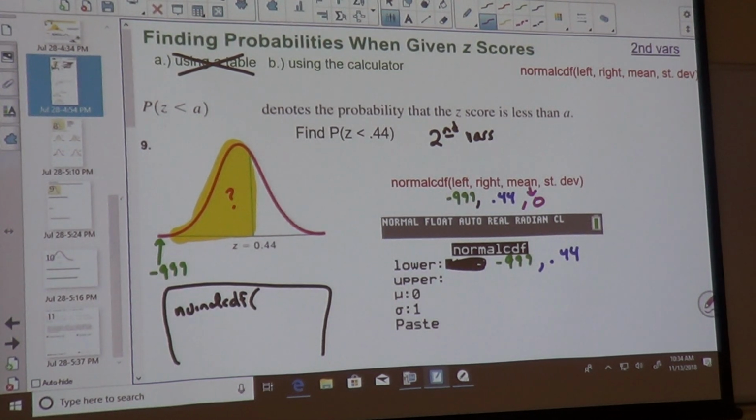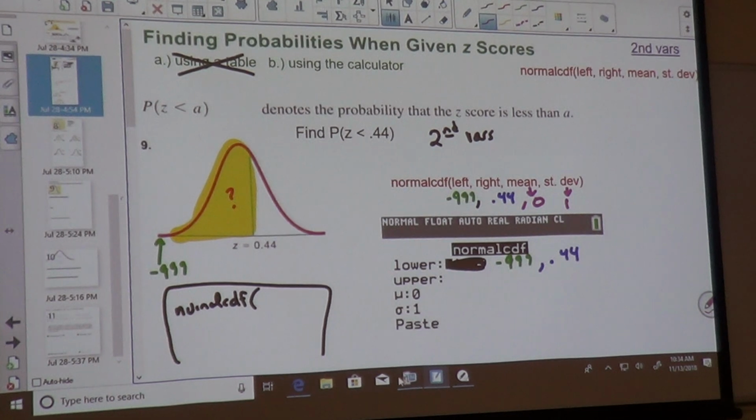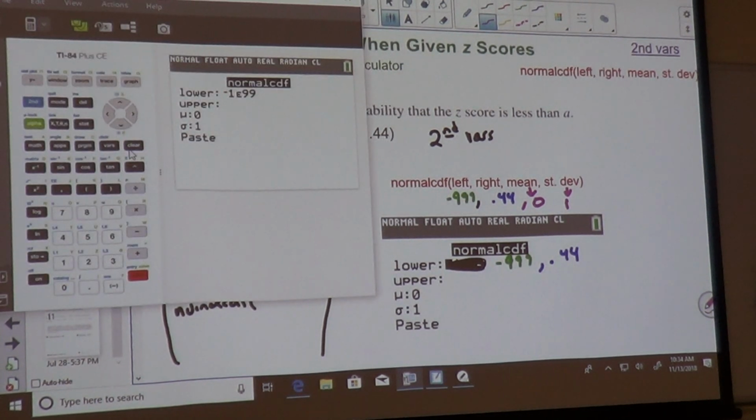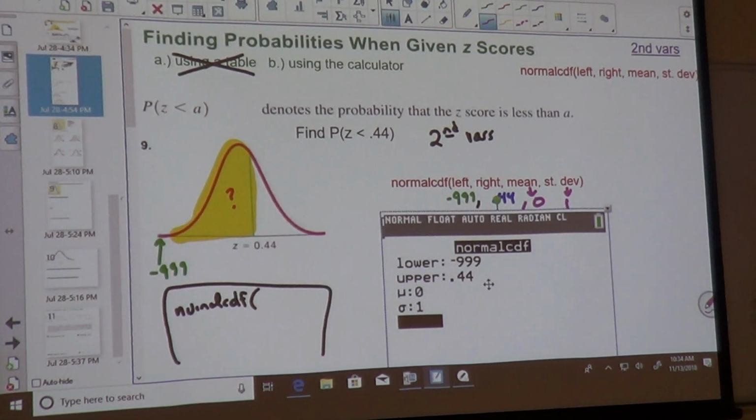And what did I tell you that the standard deviation is always going to be? 1. So we are going to do negative 999 to 0.44 with a mean of 0 and a standard deviation of 1. And then we're going to hit calculate.